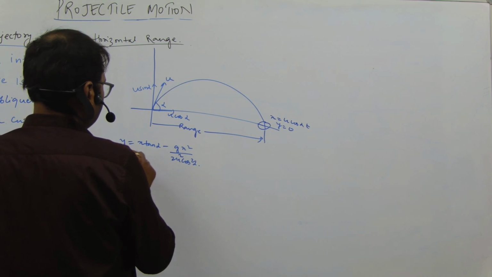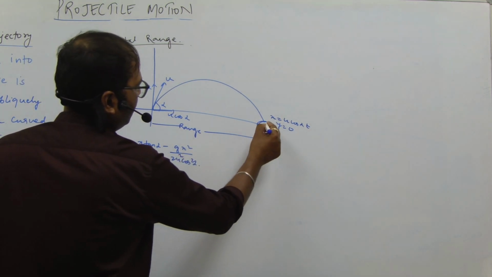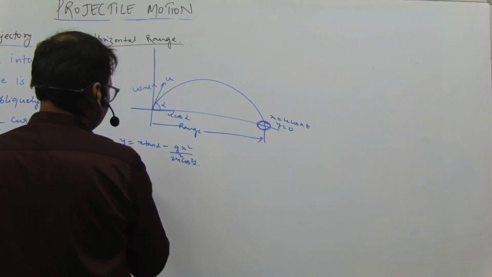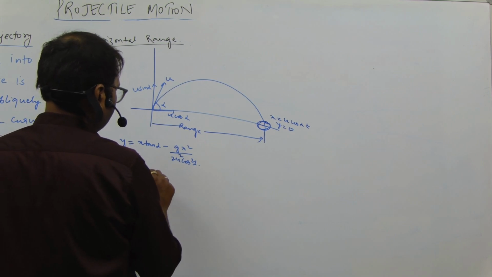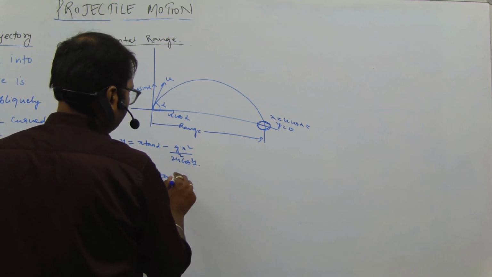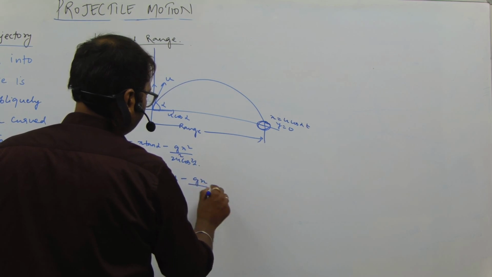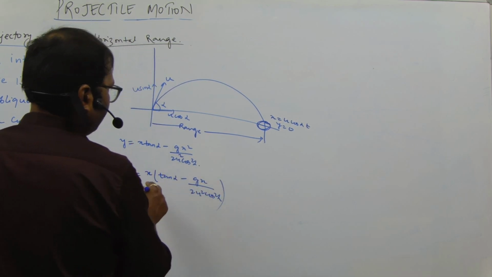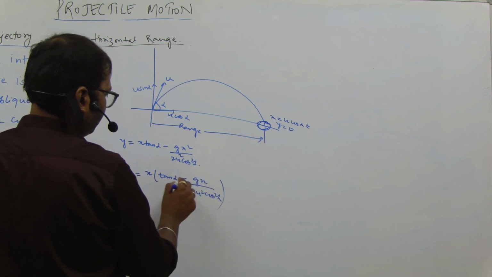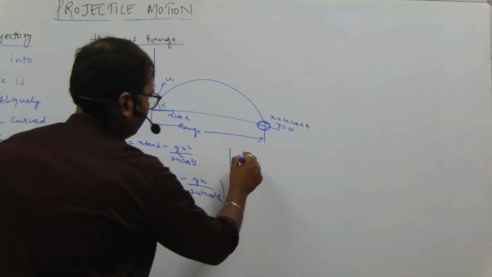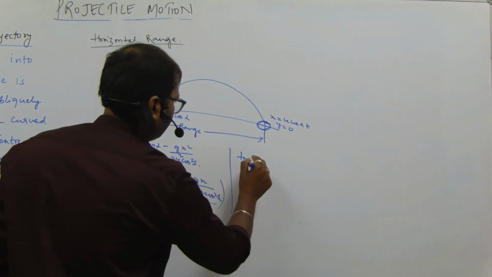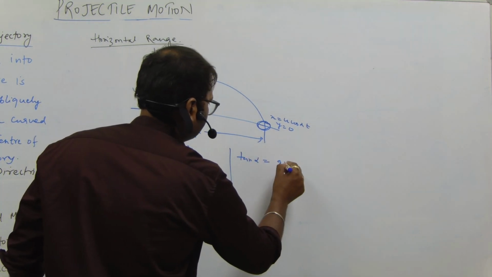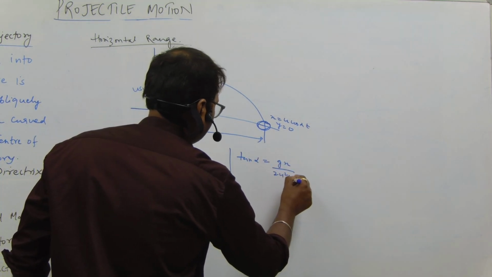At this particular point we have y equal to 0. So let us put this as 0. So 0 = x (tan alpha minus gx upon 2u square cos square alpha). Okay, so we have x not equal to 0. So tan alpha is equal to gx upon 2u square cos square alpha.